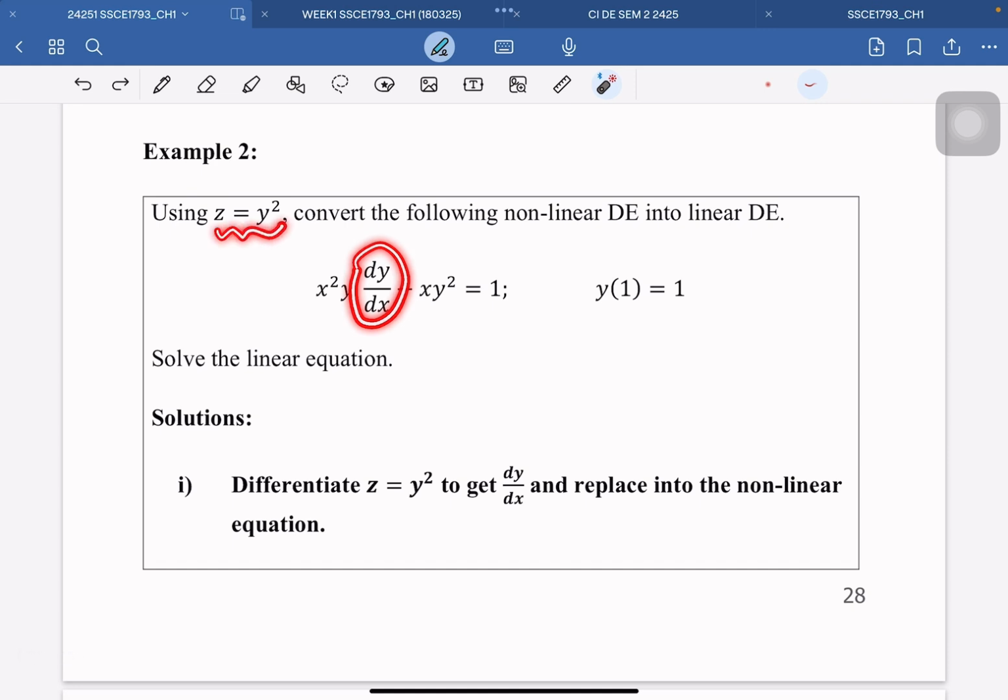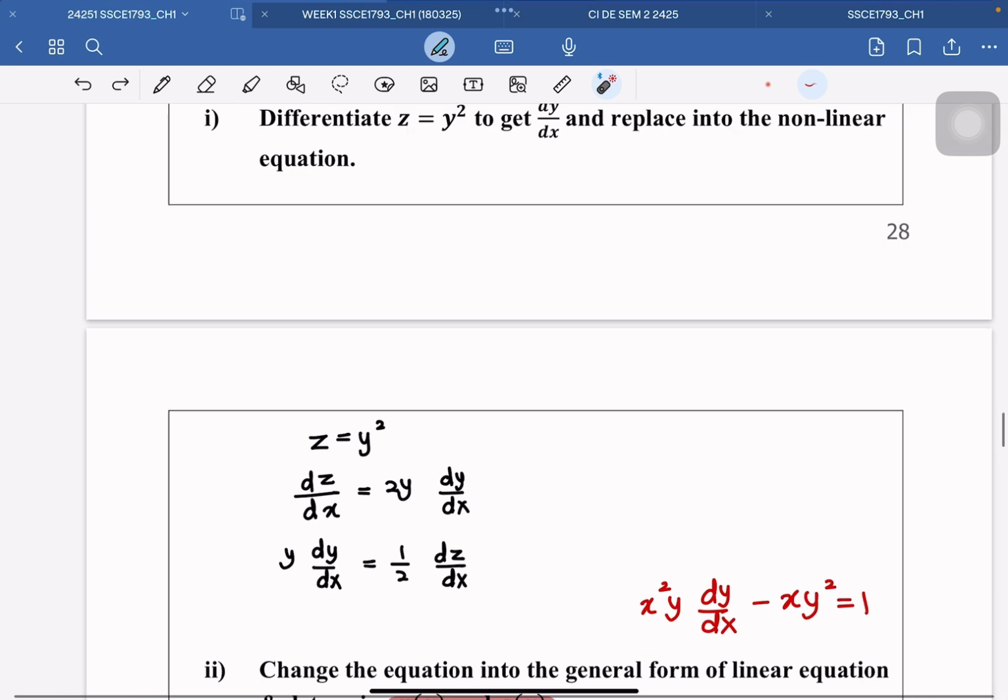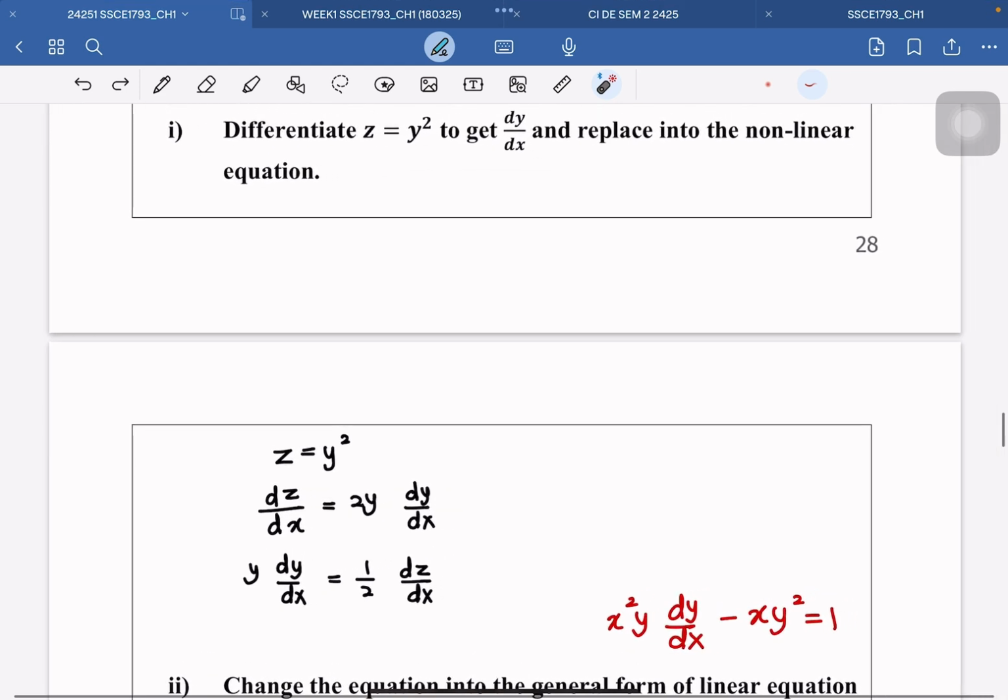This is another method. Instead of dividing the coefficients throughout the equation, you differentiate z equal to y squared, because we are going to find dy/dx. Given that z is equal to y squared, differentiate to the first order with respect to x, and we are going to have 2y dy/dx.